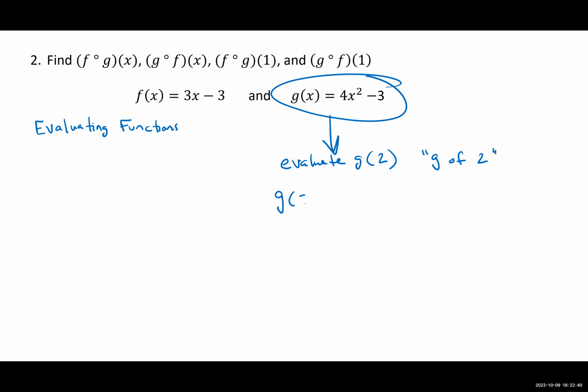Instead of 4x squared minus 3, we get 4 times 2 squared minus 3, which is 4 times 4 minus 3. 4 times 4 is 16, and 16 minus 3 is 13, right?